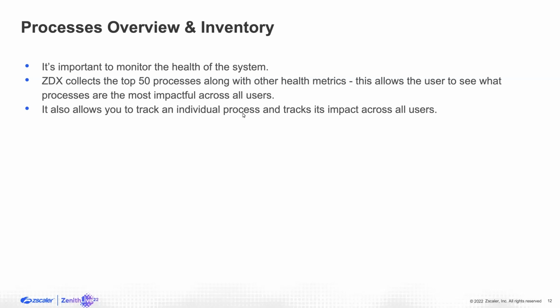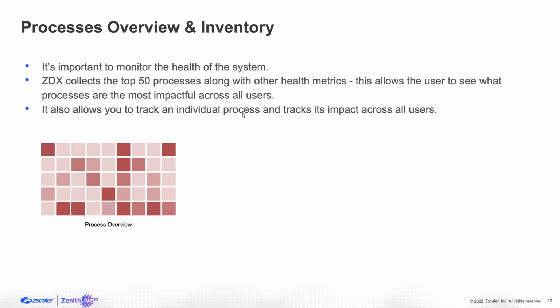It'll also allow you to track individual processes and track them across each and every user in the organization, and how it is impacting them and what percentage of users it is impacting. As I mentioned, we identify a threshold first, so a threshold is set up.